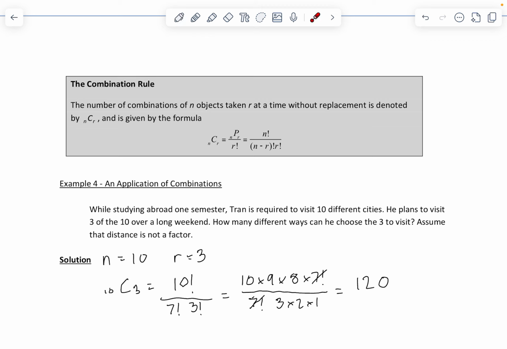Okay, a little side note. I mentioned this in the last video as well, but many scientific calculators have a built-in function that allows you to calculate permutations and combinations easier than just working it out by hand like I did here. In the Brightspace module, there is a video posted for how to use a TI-30 calculator to calculate permutations, combinations, and factorials in general.